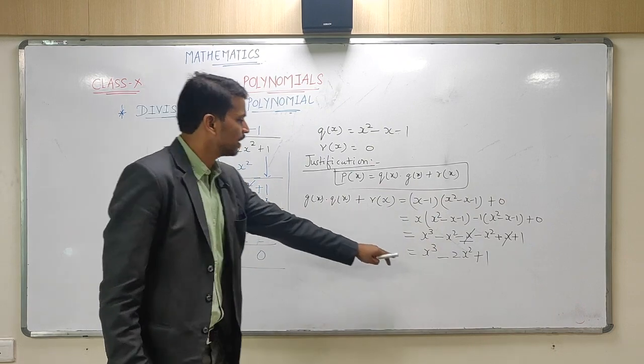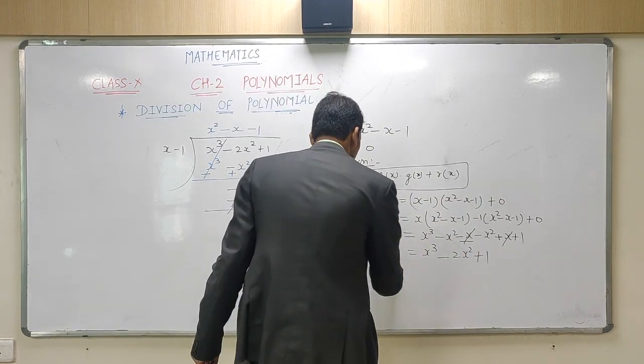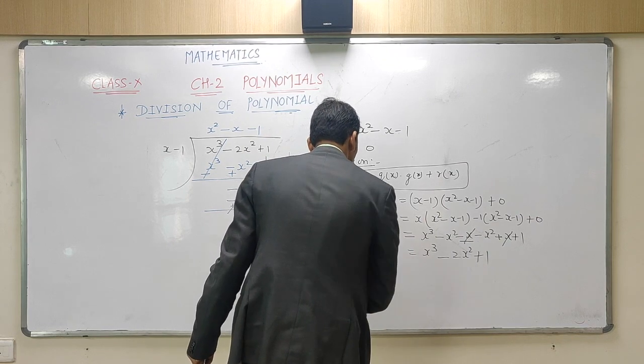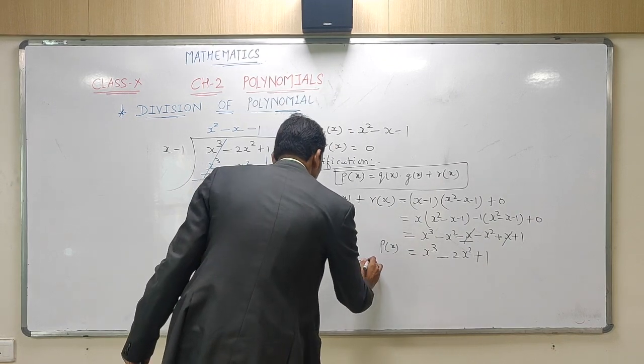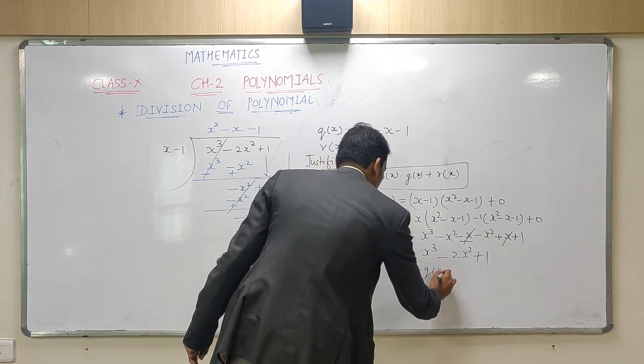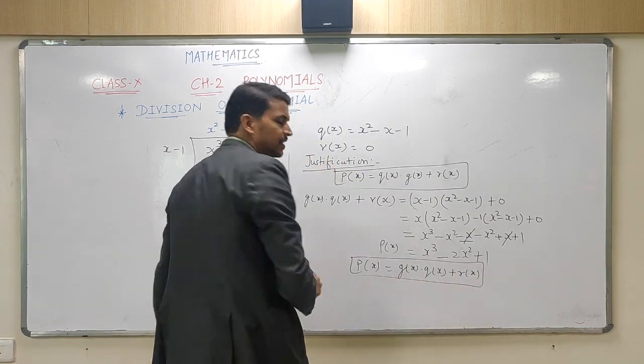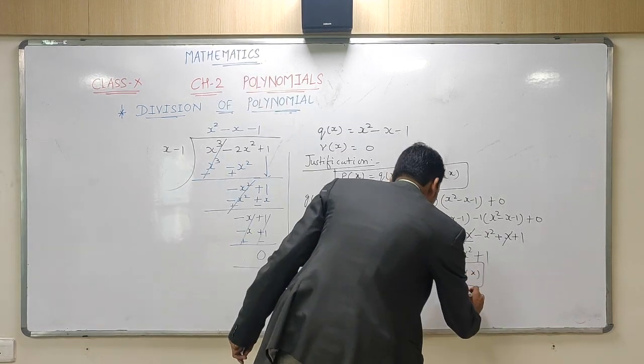If you observe very carefully, x cube minus 2x square plus 1 is of course your P(x). It means that we got P(x) is equal to G(x) into Q(x) plus R(x). So, we can say your division is justified. You can write justified.